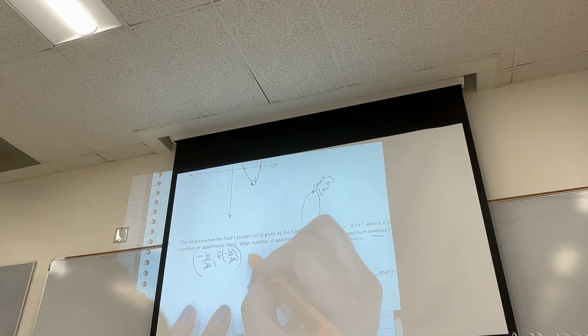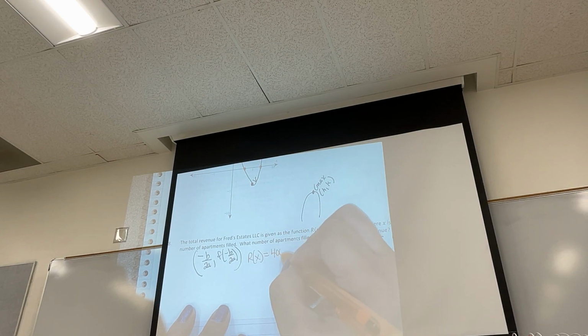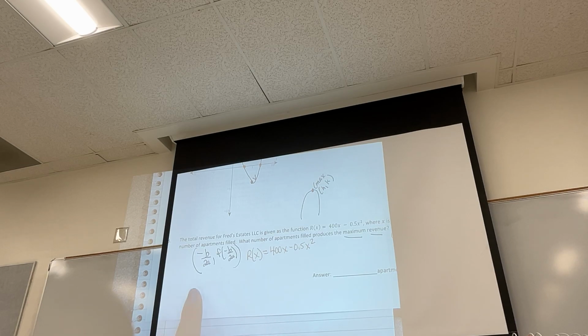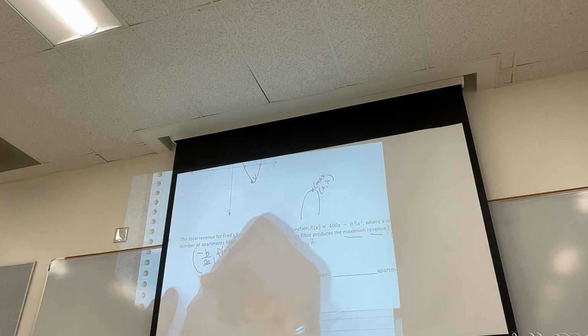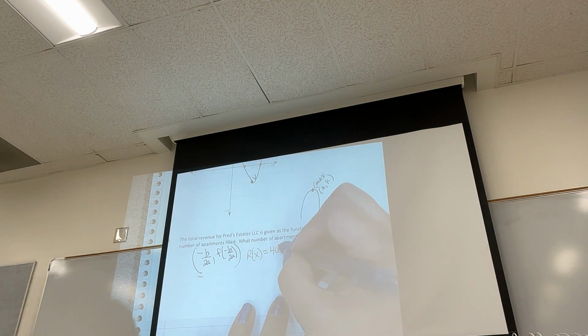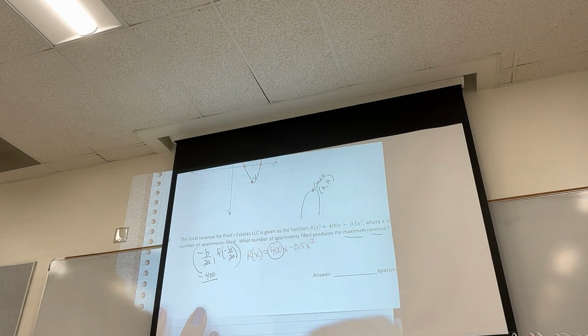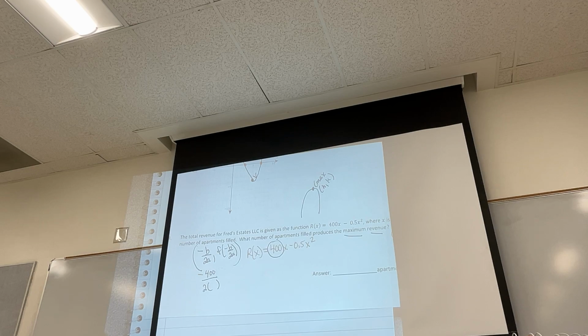So my function is R of x equals 400x minus 0.5x squared. We need our b. What's our b value? Is it negative 400? Right, this is my b in front of the x. So minus 400 divided by 2 times, what's my a value? Negative 0.5.